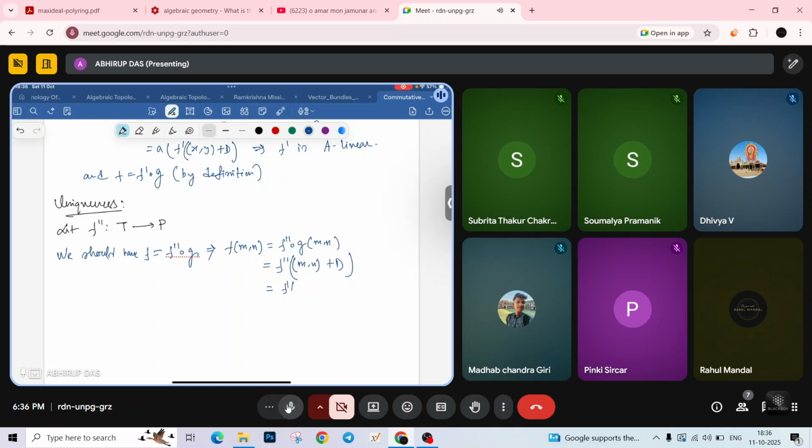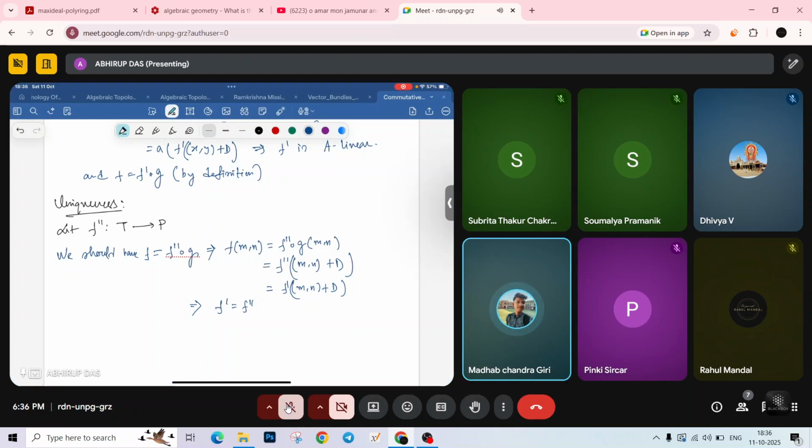But that is exactly what f prime of (m, n) plus D is, right? So we have f prime equal to f double prime, right? f prime and f double prime match at every element. Madhav, is that okay? Yes, yes.